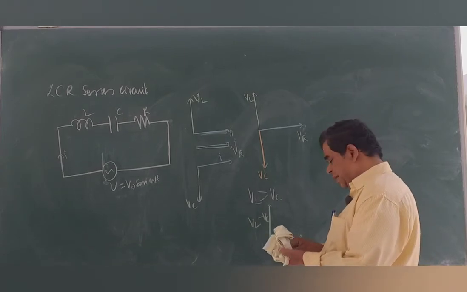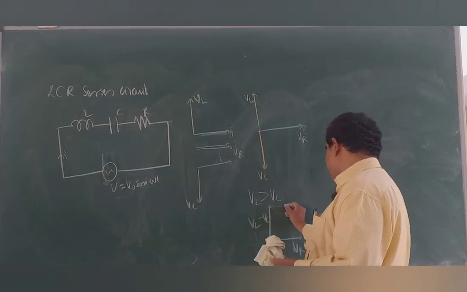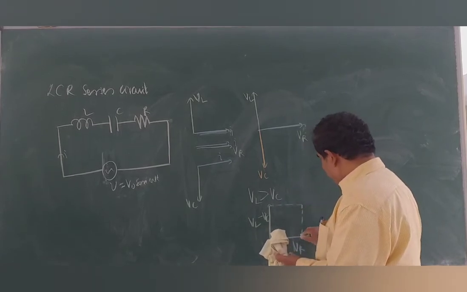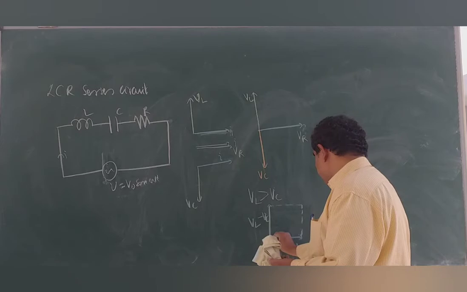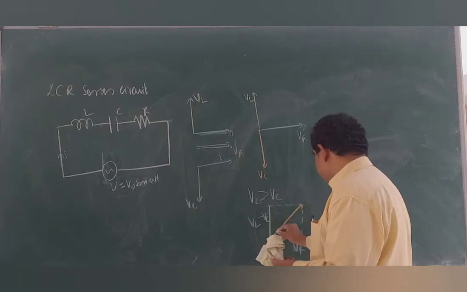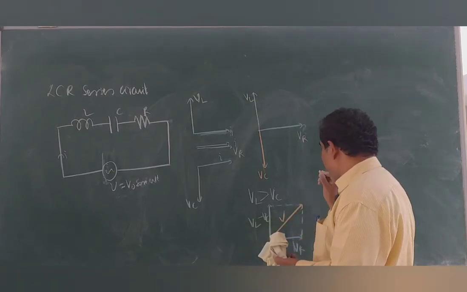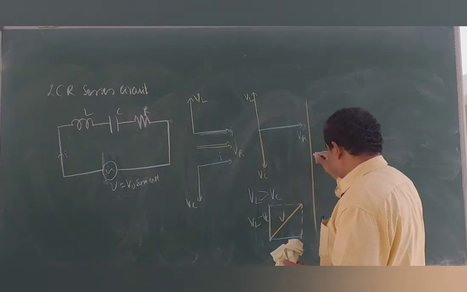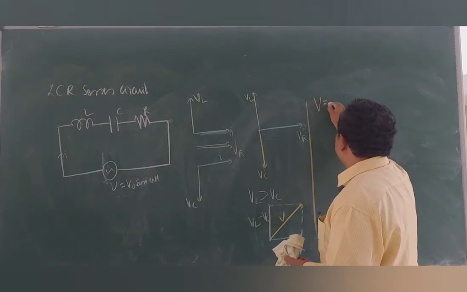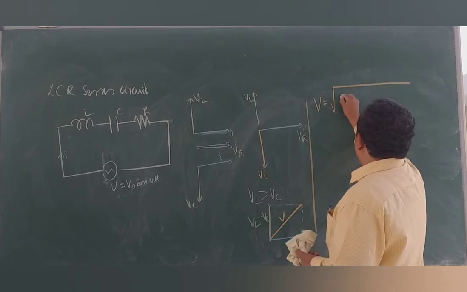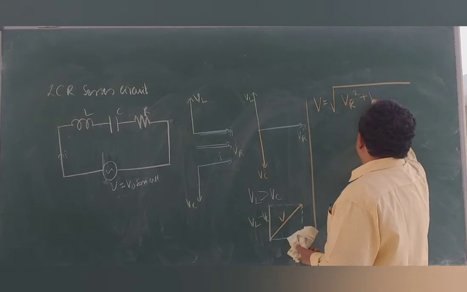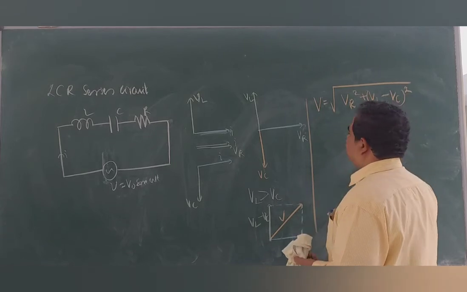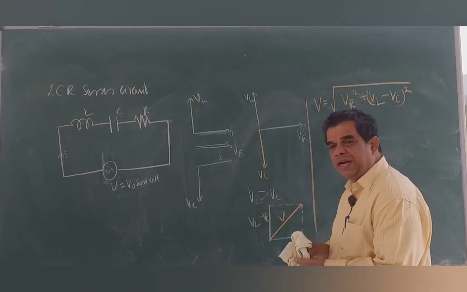If you create a parallelogram to add these vectors, we get the diagonal like this, which gives us the resultant voltage. According to the parallelogram law for vector addition, we can write V equals root of VR square plus (VL minus VC) whole square.